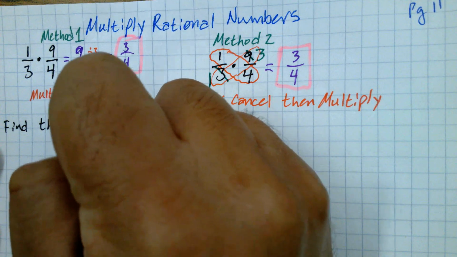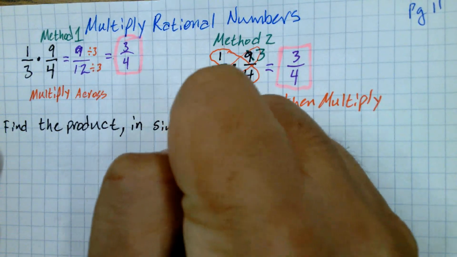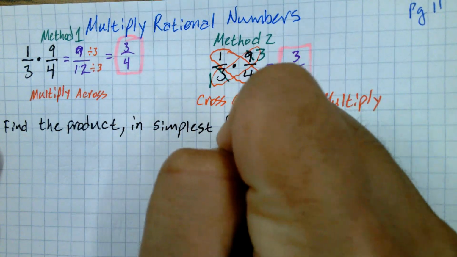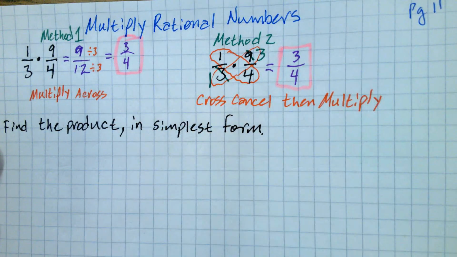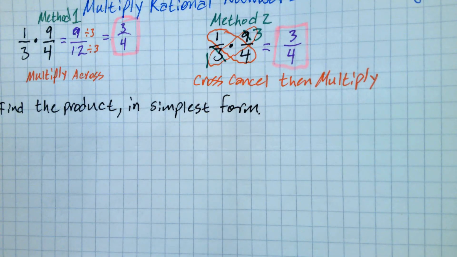So I'm just going to say in simplest form. Okay. So go ahead and write that down. And we'll just do a few, kind of a little combo of all the possibilities we're going to have. Okay. So you guys ready?